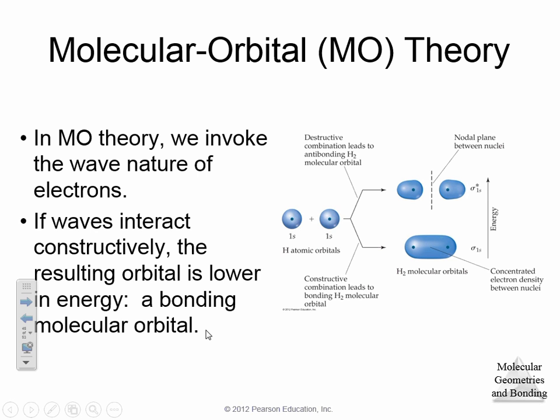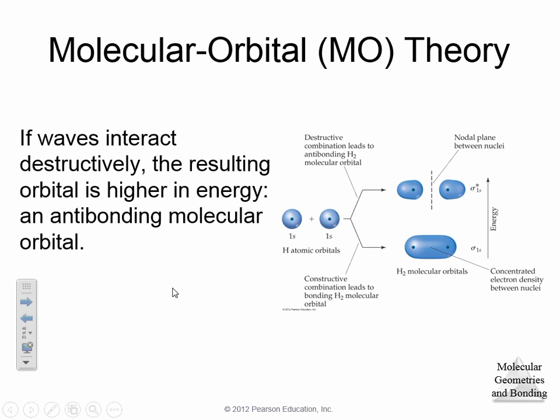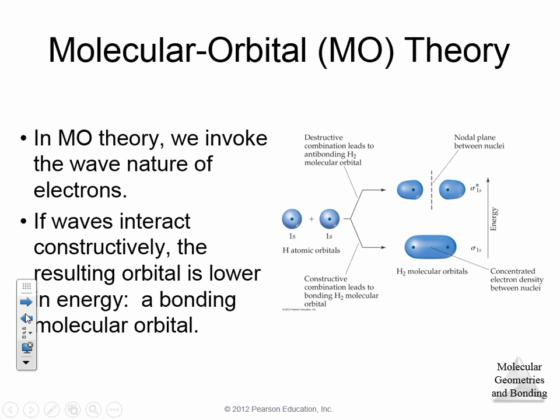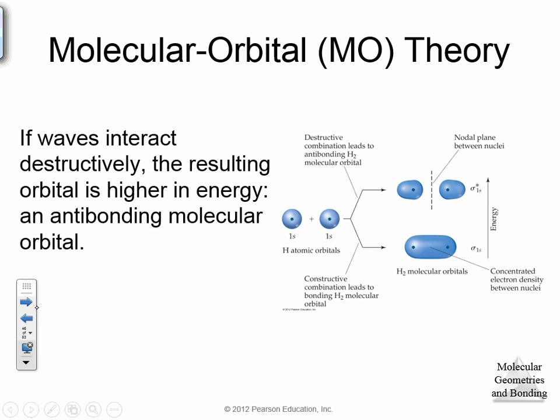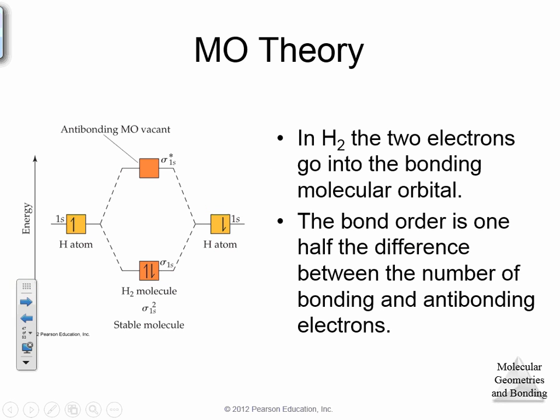You could have bonding, which occurs when the energy is low and it's a favorable reaction. Anti-bonding is going to occur when the energy is high. Now, that is not going to be a favorable process. High energy, anti-bonding. Pretty much, anti-bonding means exactly what it says: that bond can't exist.